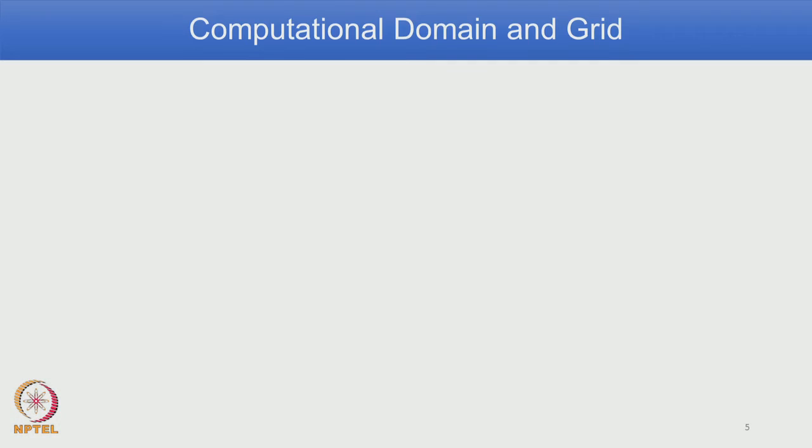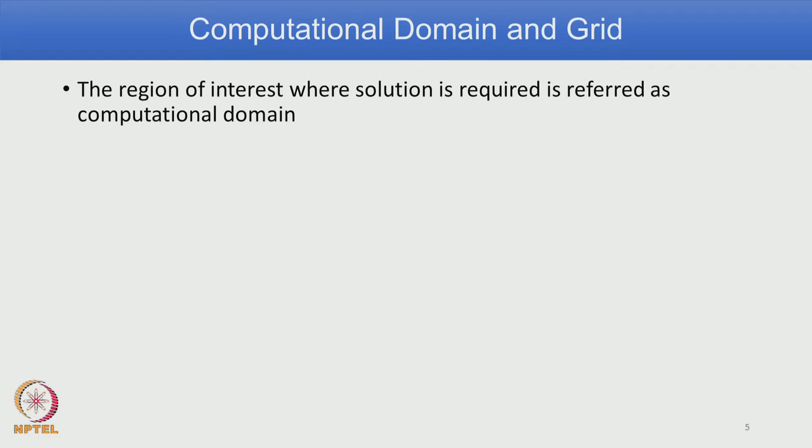The first one is pre-processing. We mentioned that the domain where you are solving needs to be specified, and this is known as the computational domain. By definition, it is a region of interest where the solution is required, and the extent of the domain is important. How far you are going in a particular direction is important.